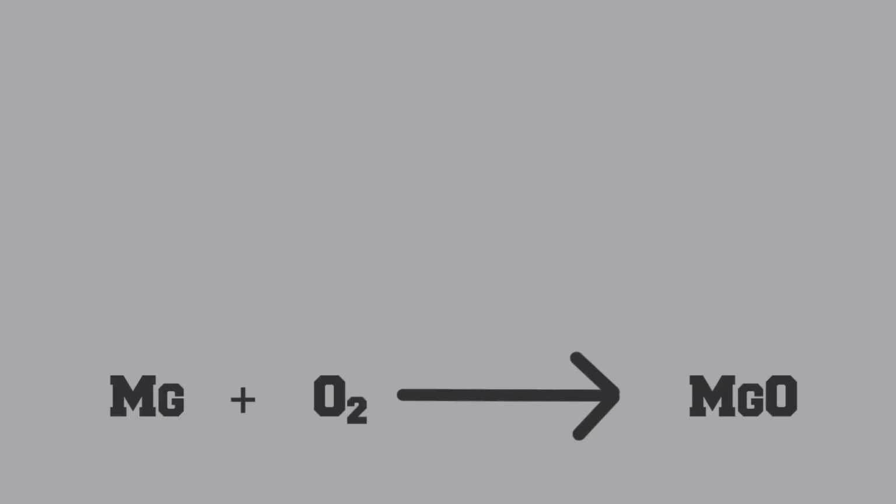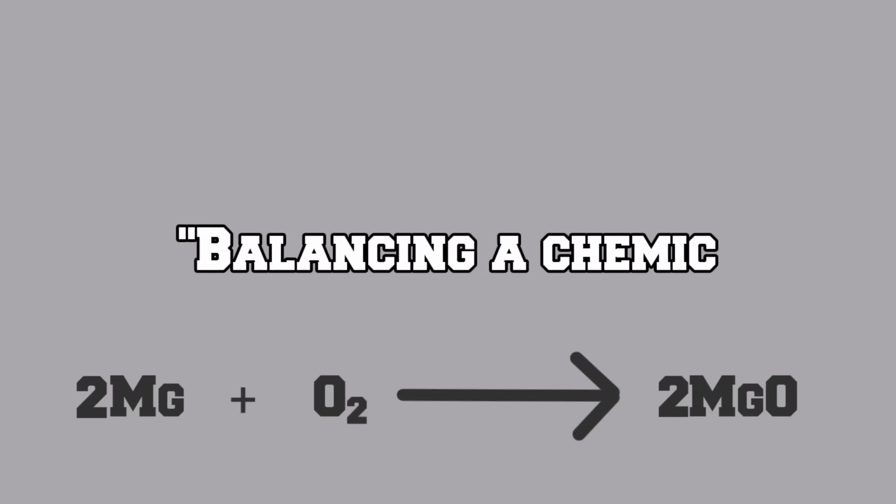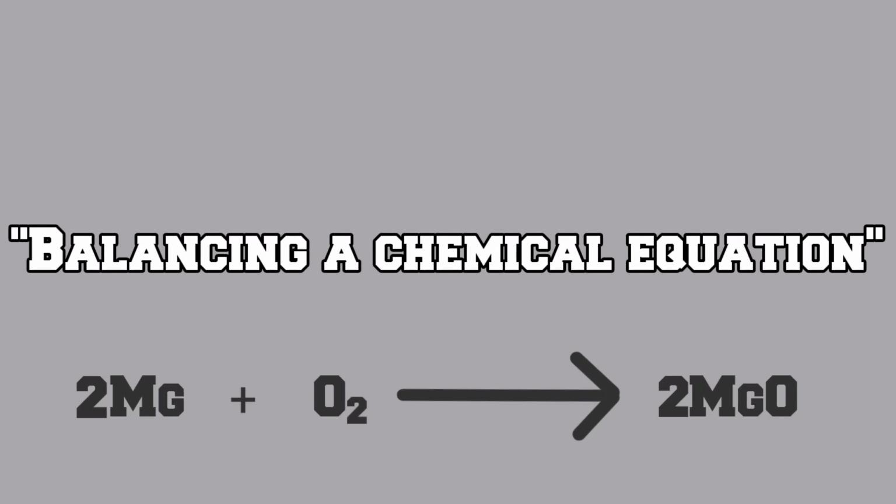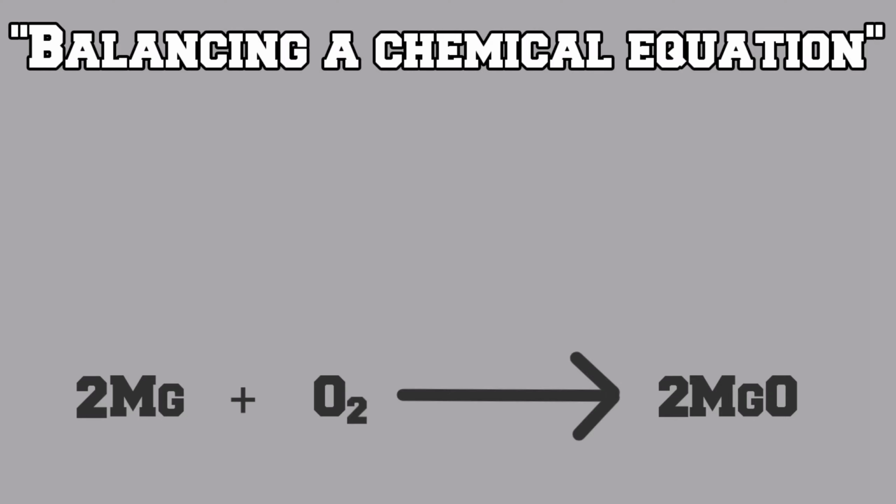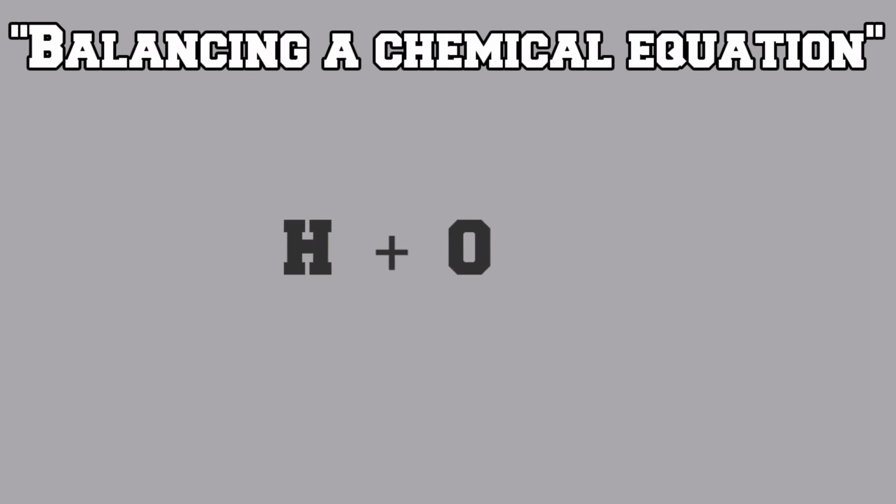Well, don't worry, I am going to tell you in this video. We first of all put 2 in front of the magnesium on the LHS, thus reacting with all 2 atoms of oxygen and forming 2 molecules of magnesium oxide. And this is what we call balancing a chemical equation, and it is as simple as that.